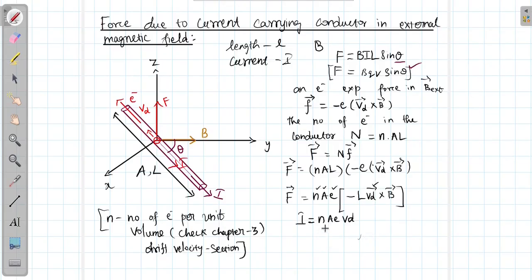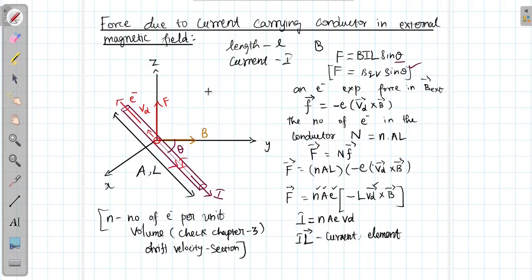What happens now? We have some other consideration here also. IL vector is the current element. We already discussed. IL vector is in the right side direction. Drift velocity is in the opposite direction.